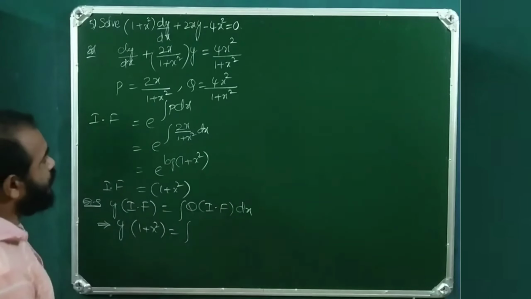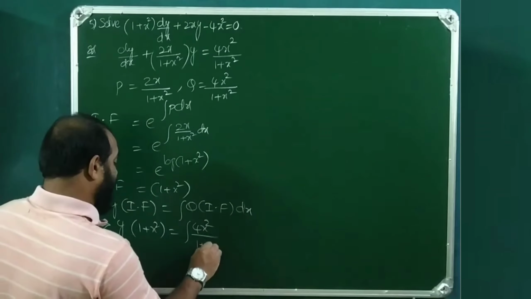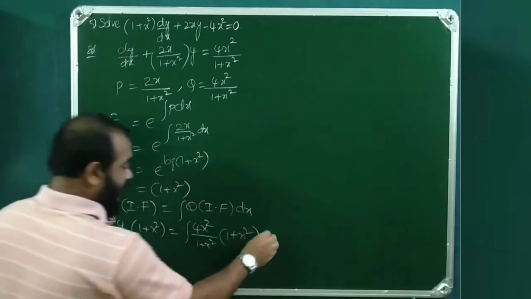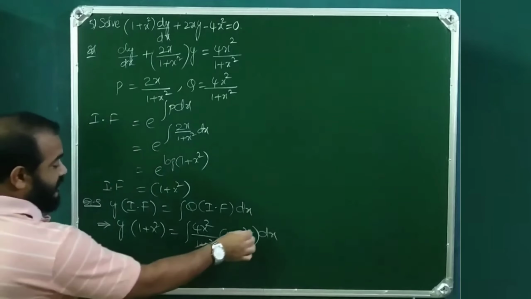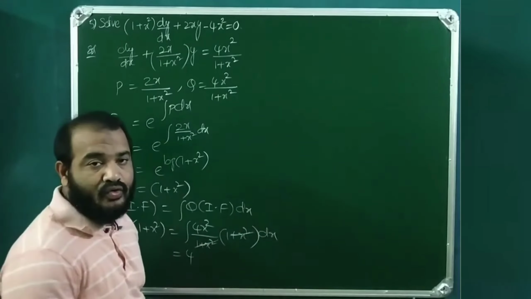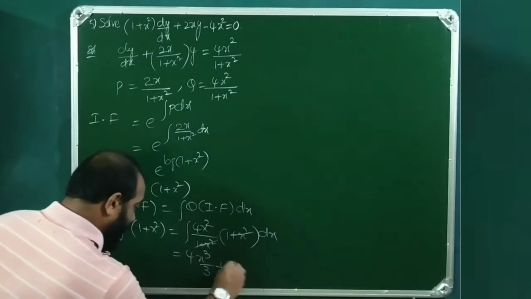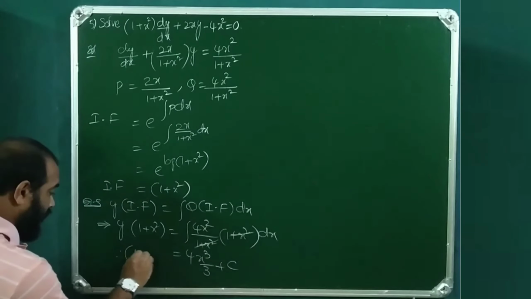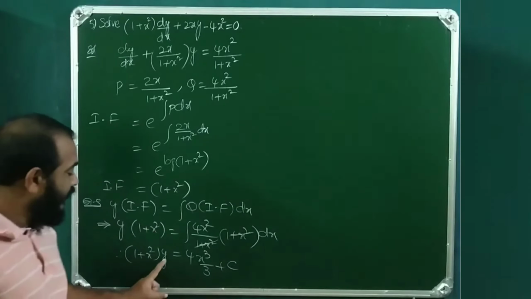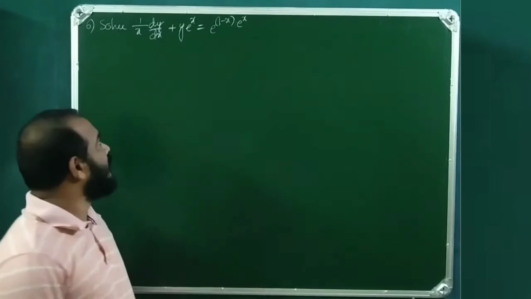Q is equal to 4x square by 1 plus x square into integral factor 1 plus x square dx. This gets cancelled. So 4 into integral x square dx is x power 2 plus 1 by 2 plus 1, which is x cube by 3 plus c. Therefore, 1 plus x square into y is equal to x cube by 3 plus c is the required solution.